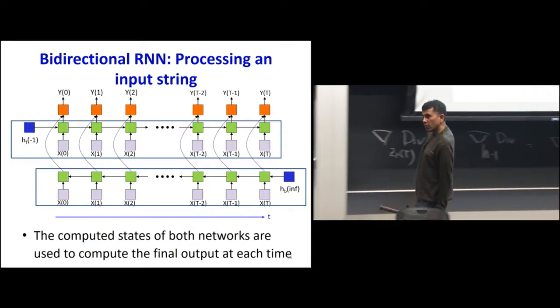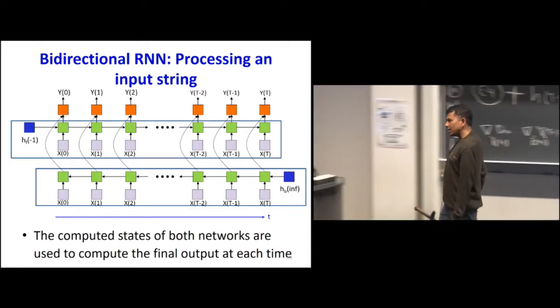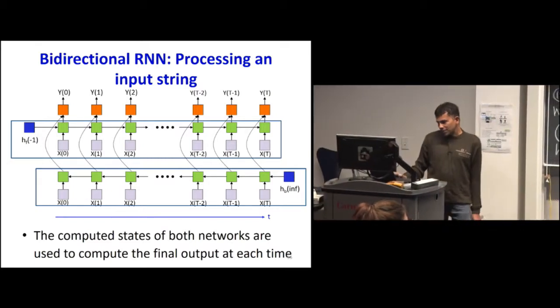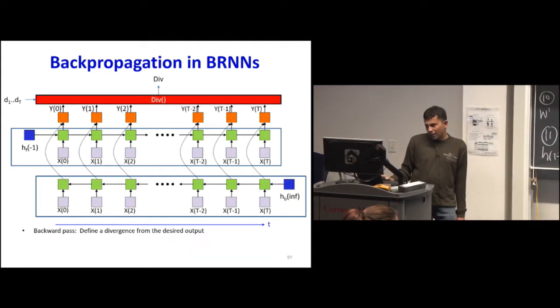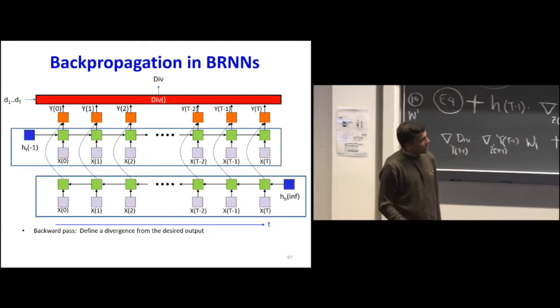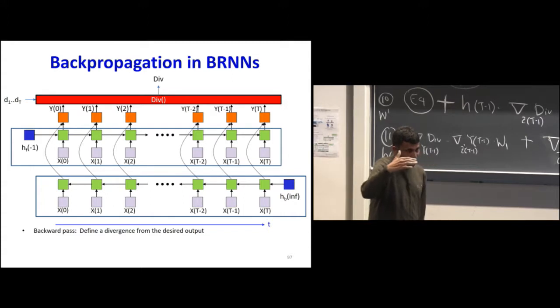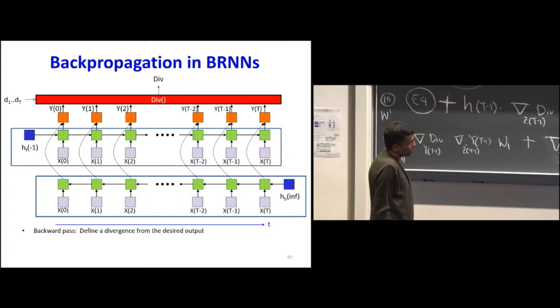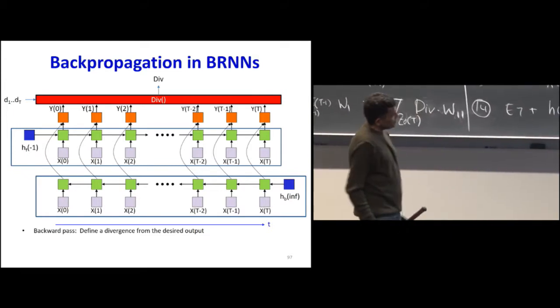So you can actually perform your backpropagation. Say you computed all of the variables in the forward pass, where you compute both the forward and backward networks and the final output. If you wanted to now update your parameters and learn them using backpropagation, as before, you define a divergence between the actual output and the desired output of the network.